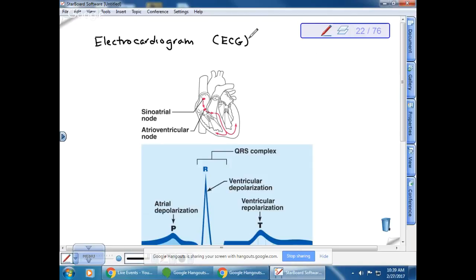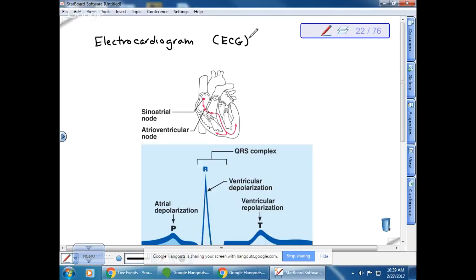Does anybody know why they sometimes call it EKG instead of ECG? It's because in German, cardio is with a K. So ECGs and EKGs are the same thing. It's just the German version of it is EKG.